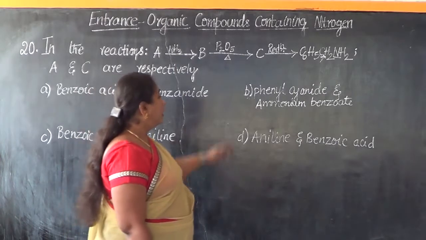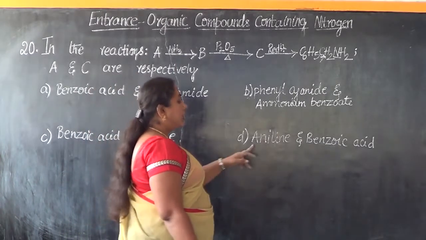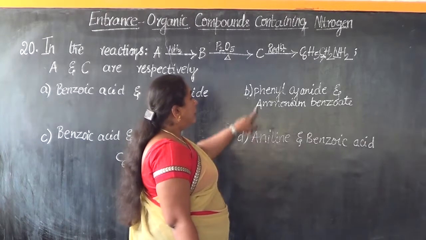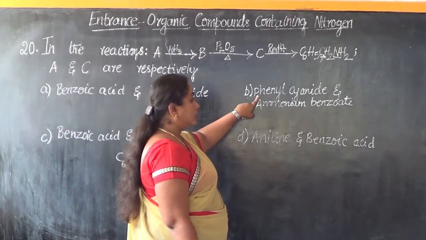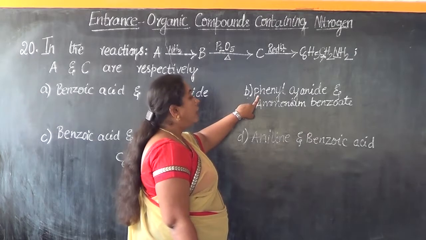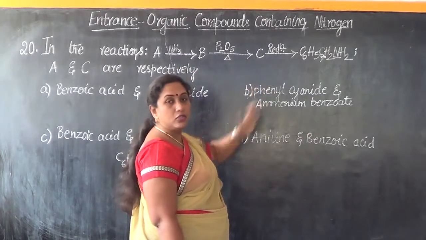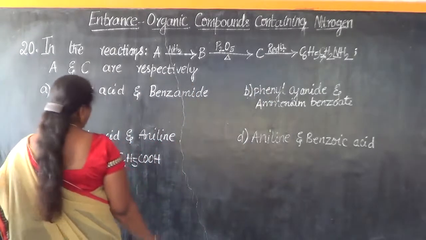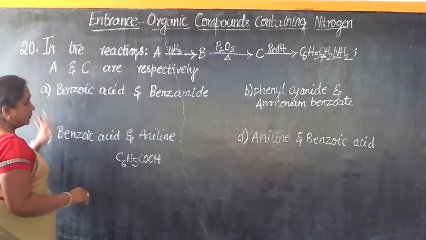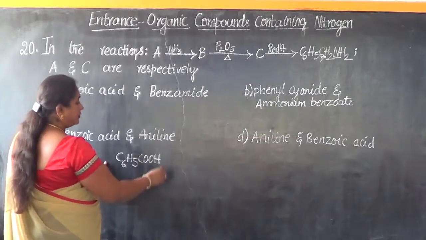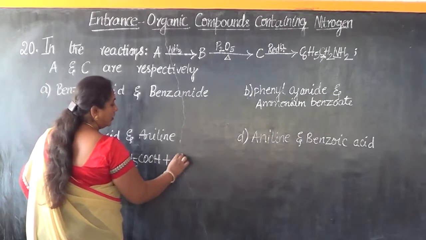So therefore definitely we cannot think about this aniline as an option. Phenyl cyanide can be thought about because it's having a carbon in the side chain, but then it cannot add with ammonia, so therefore this can also not be the answer for A. Let us see between these two. Benzoic acid is treated with ammonia.